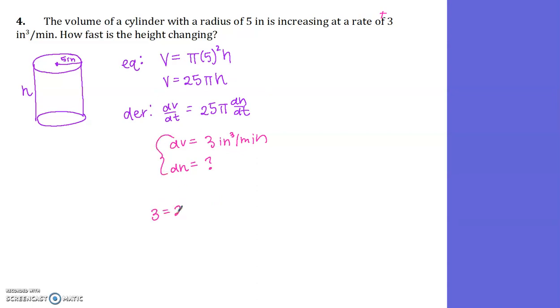So we'll have 3 equals 25 pi times dh/dt. So divide by 25 pi, and you're going to get 3 over 25 pi. That doesn't reduce, so you can just leave it like this, or divide it on the calculator.